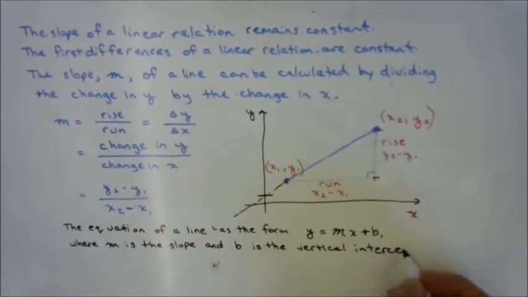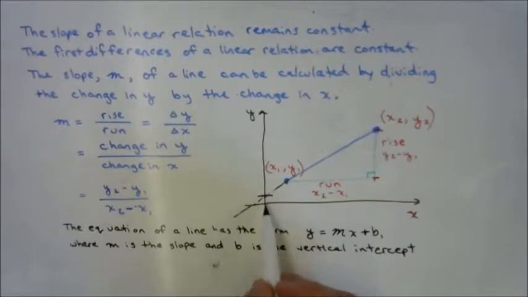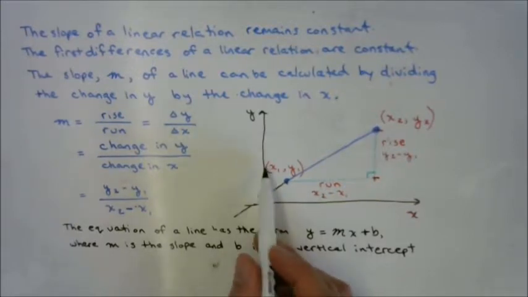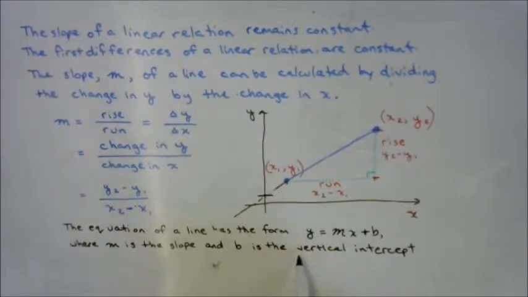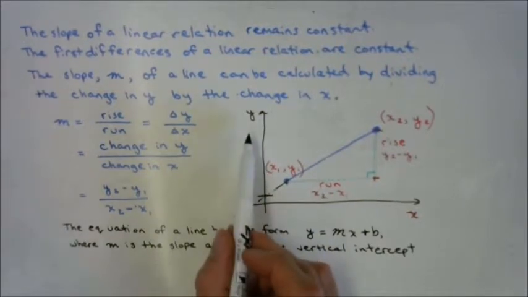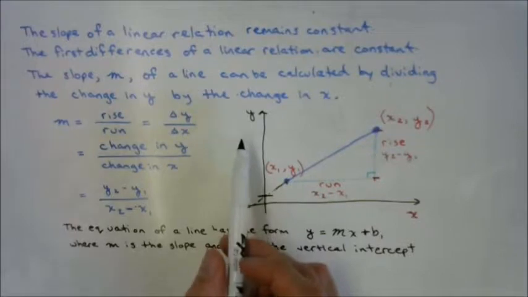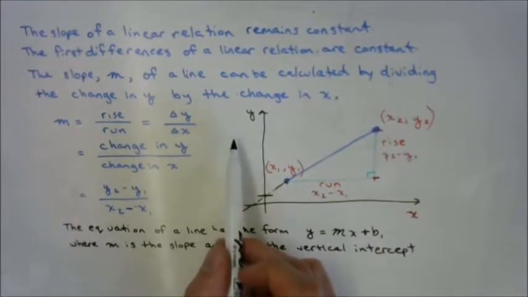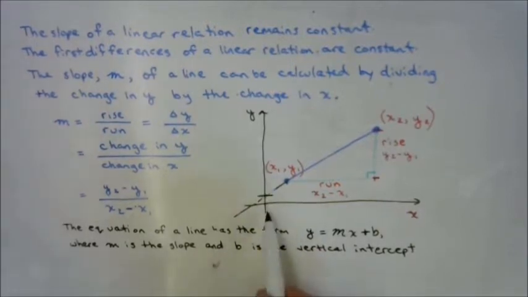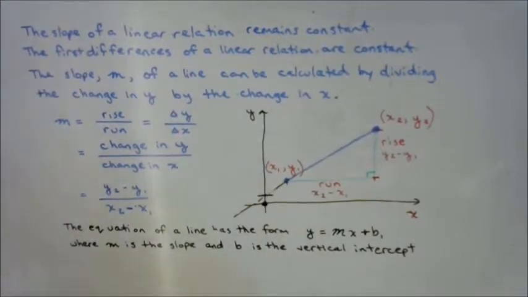All that means is b is the place where the line would cross the y-axis, but they use vertical because it doesn't necessarily have to be the y-axis. If you're talking about earnings or pay or fees, then it would be the e-axis or the p-axis or the f-axis. It also happens where x equals 0. It's the value of y where x equals 0. Another way to think about it.